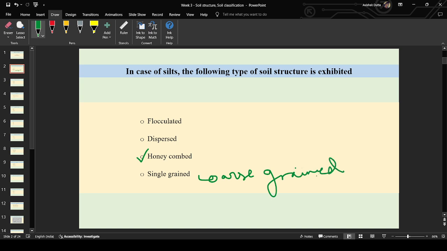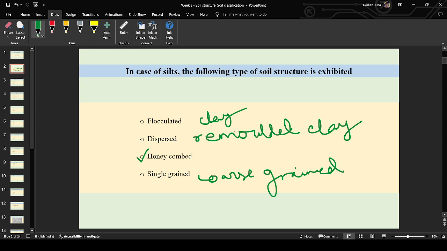Flocculated structure is shown by clay. And dispersed structure is also shown by clay, after disturbance and remolding, mainly remolded clay.